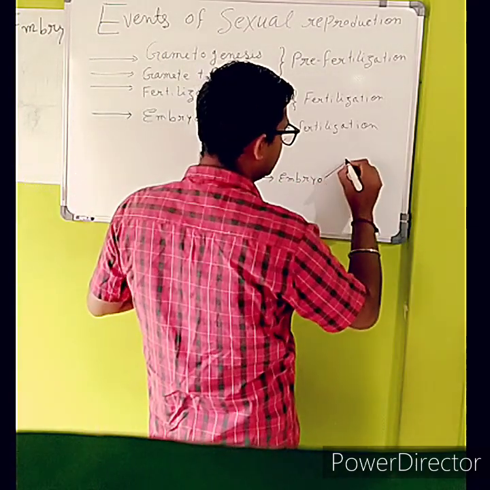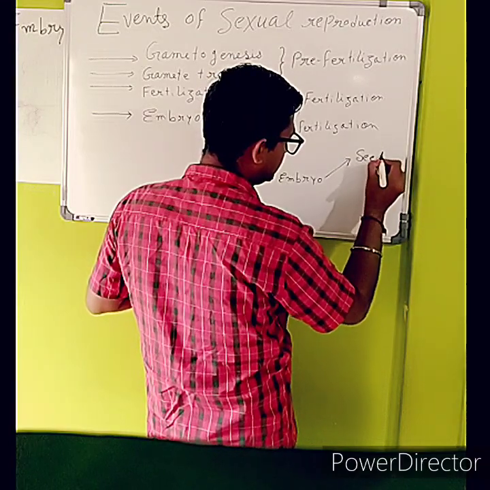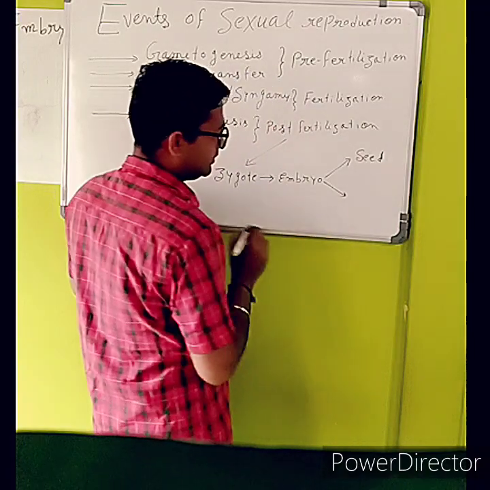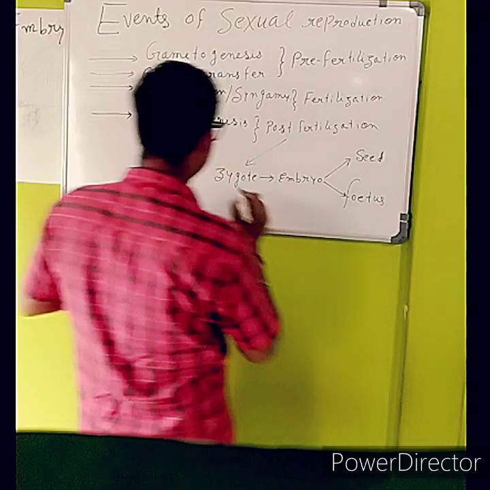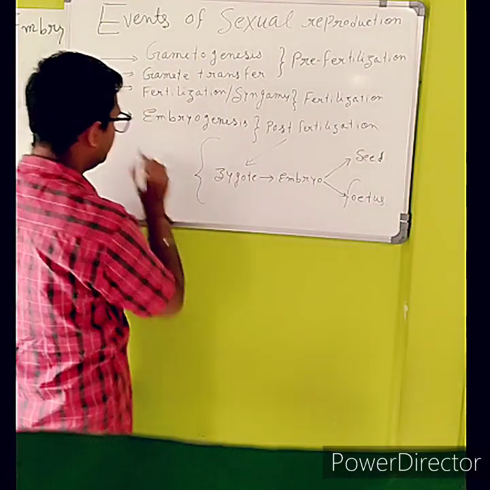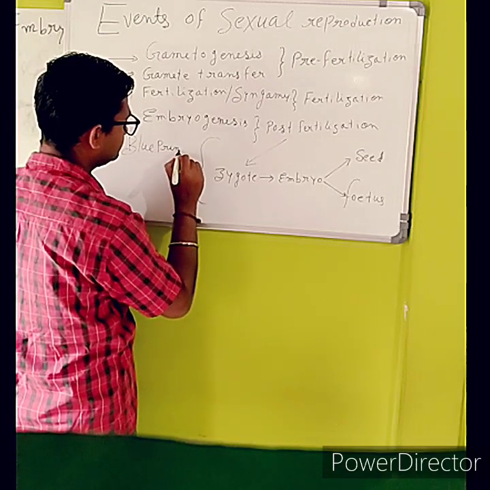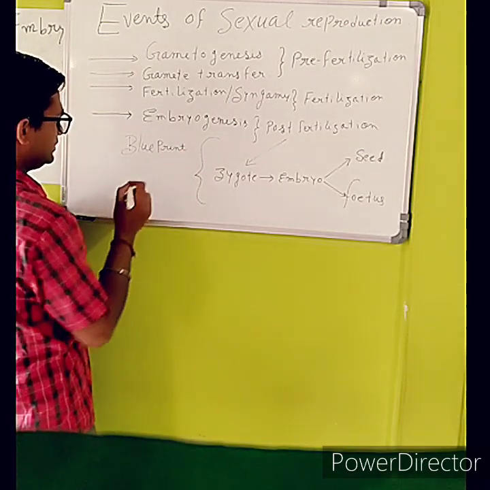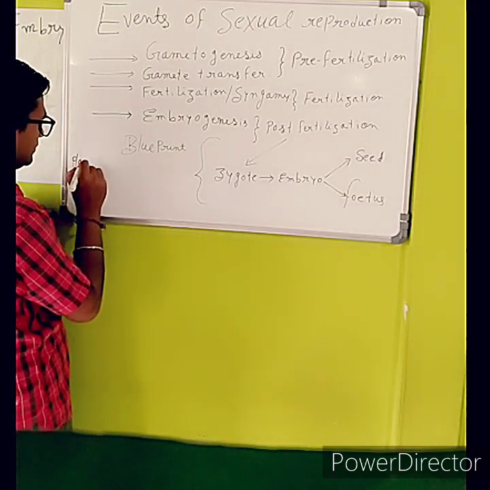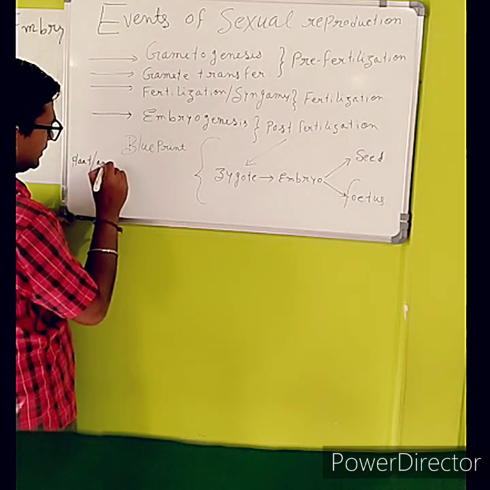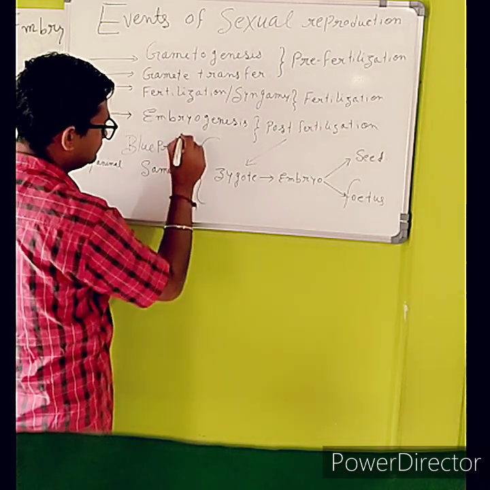In plants, the embryo gives rise to seed, and in animals, the embryo gives rise to fetus. So the basic blueprint of formation of an organism is quite the same in plants and animals.